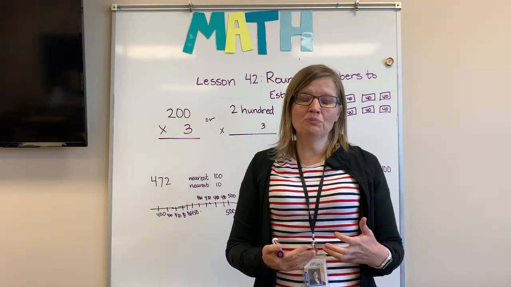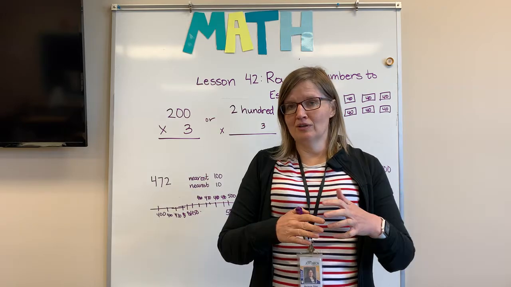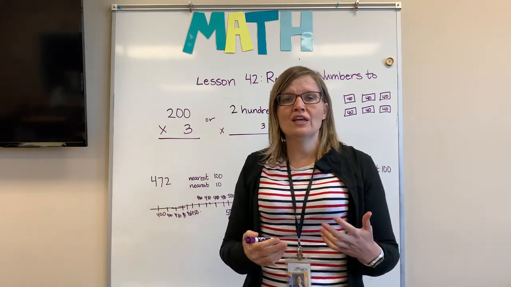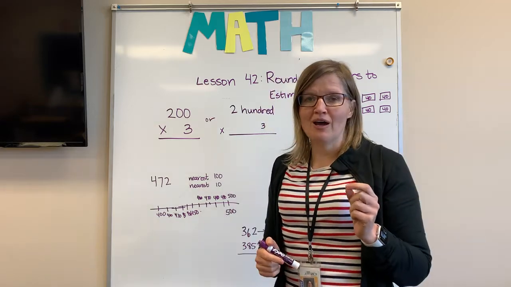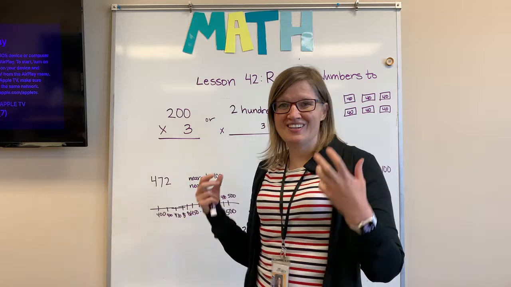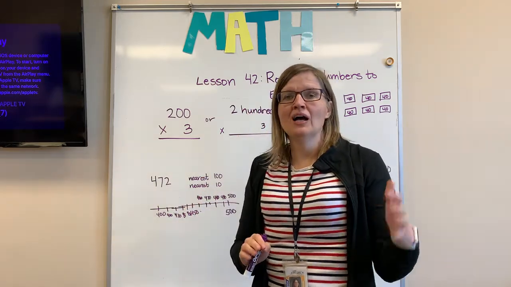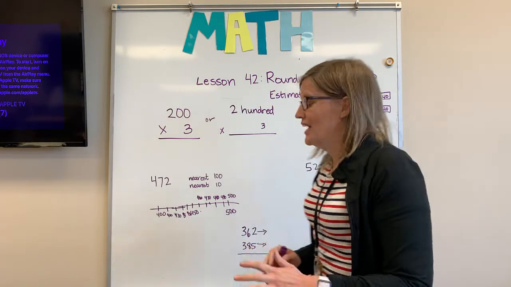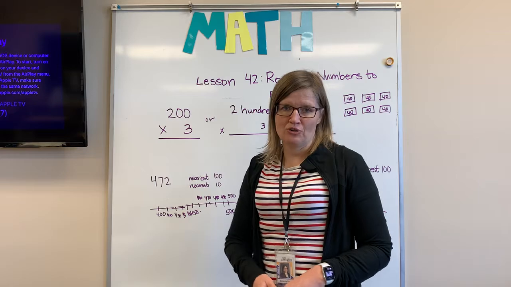So when we're multiplying in multiples of 10 or 100, we know that the front number, the first digit, is all that we have to worry about, because then we have our 2 zeros that follow, or our 1 zero, depending on what we're multiplying. Let me explain. Our first thing, 200 times 3.